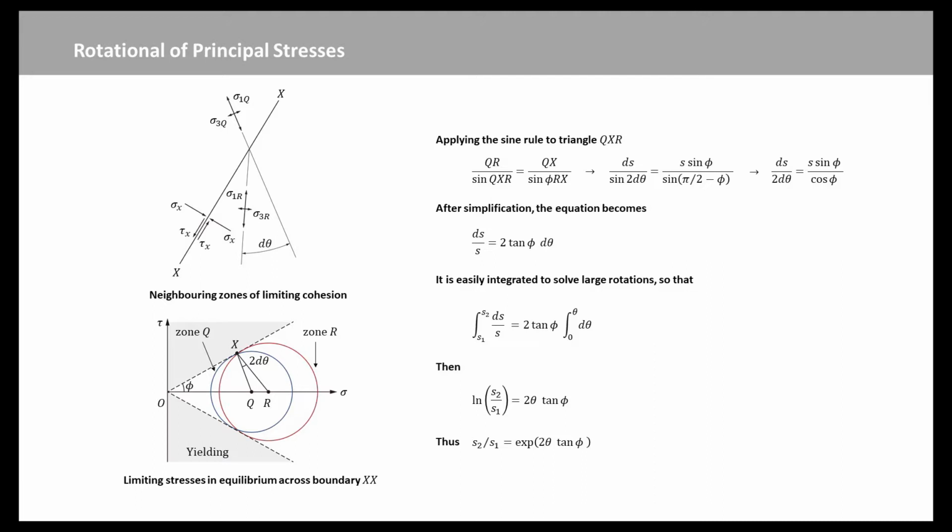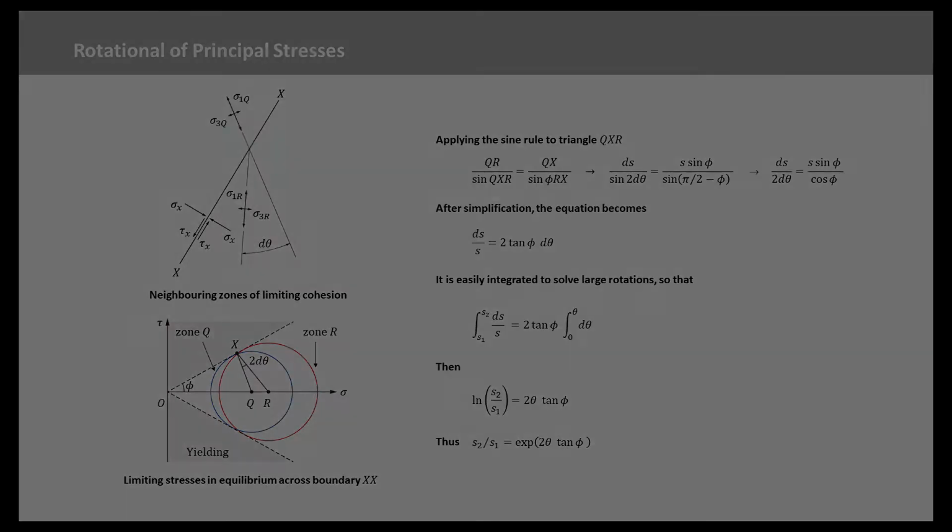This links the shift in the center of Mohr circles to the rotation of the direction of the major principal stress, on the assumption that each Mohr circle is in limiting equilibrium by being tangential to the friction line tau equal to sigma tangent phi.